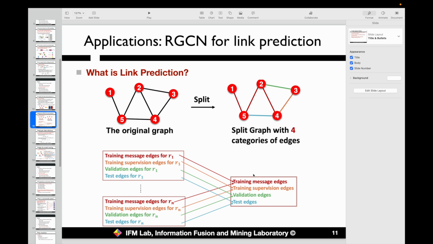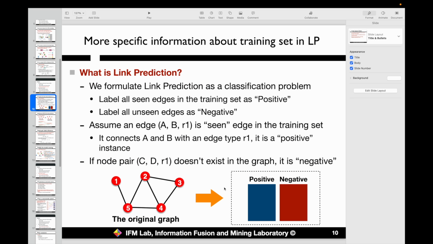So given the original graph, we can split this graph into different categories according to the types of relationships among the nodes. Now here we have R1 until Rn as the relationship types. For each relationship type, we can extract the positive set as well as the negative set we defined before from the input graph.